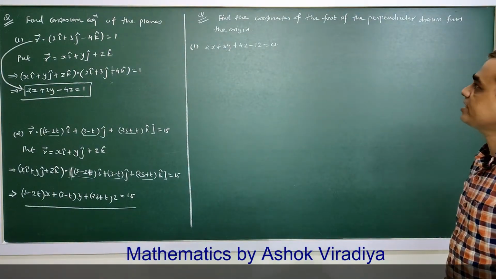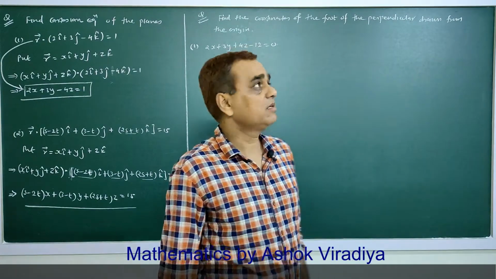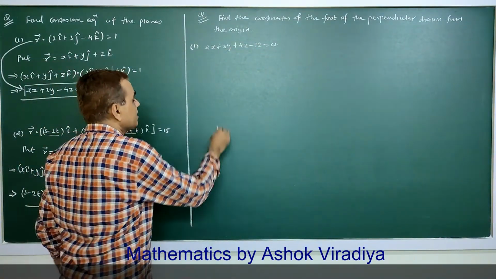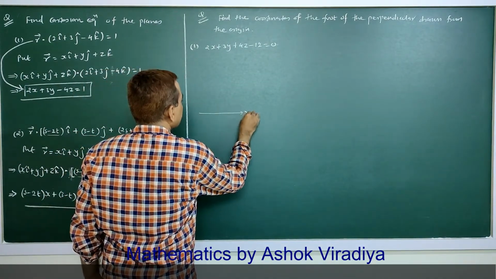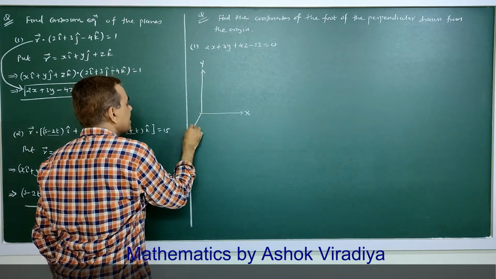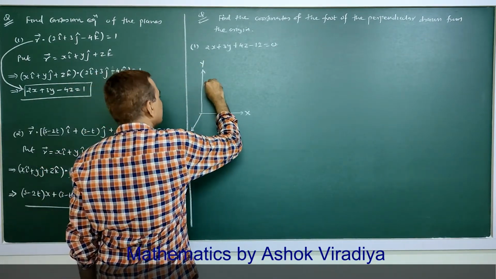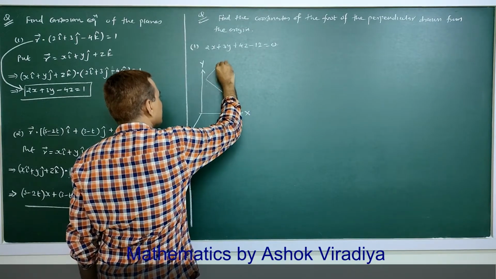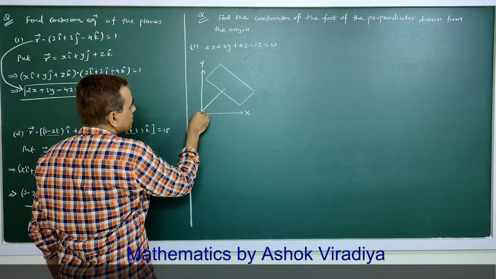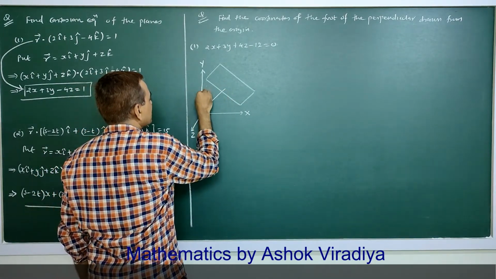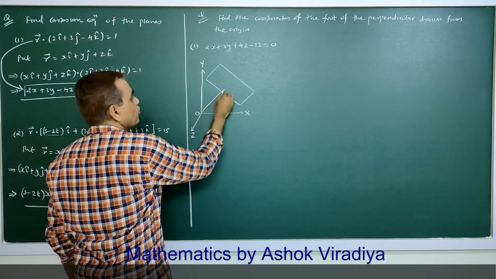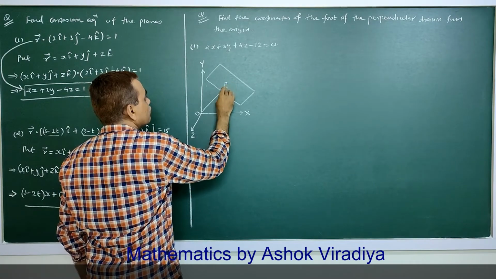Now here, find the coordinates of the foot of the perpendicular drawn from the origin. So here suppose this is the x-axis, this is the y-axis, this line is the z-axis, and here this is a plane whose equation is given, and taking a perpendicular from the origin, this is O, and P is the foot of the perpendicular.